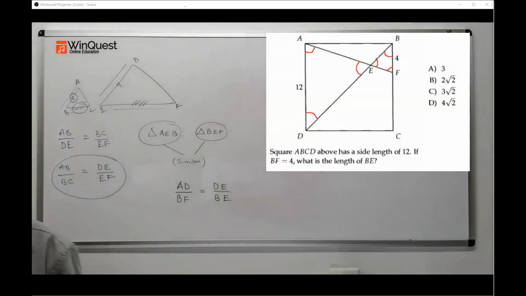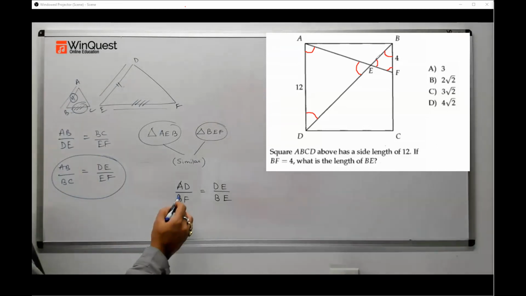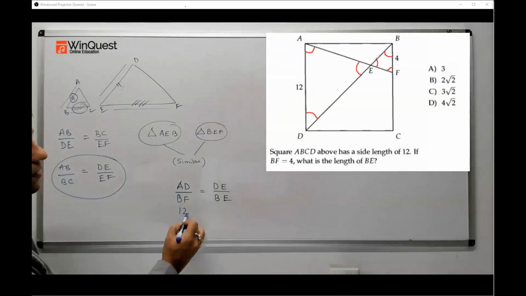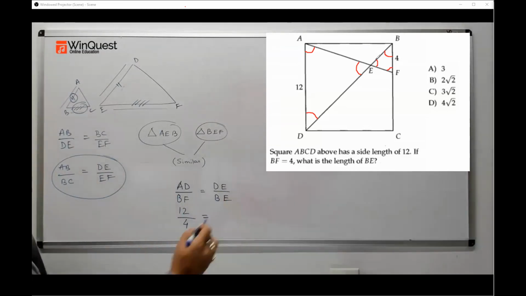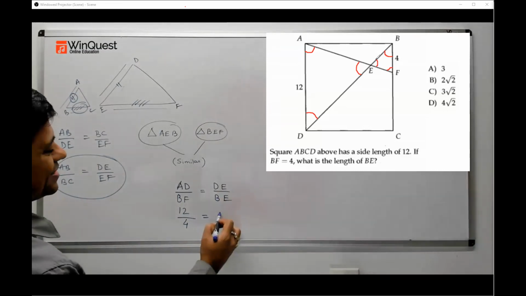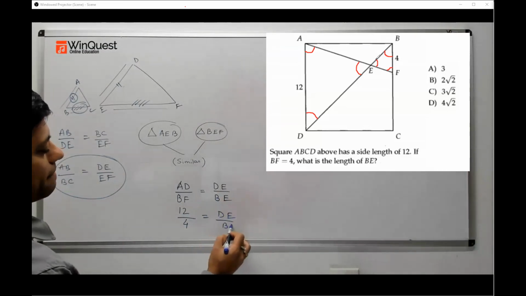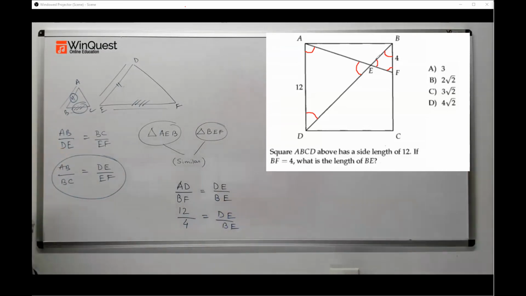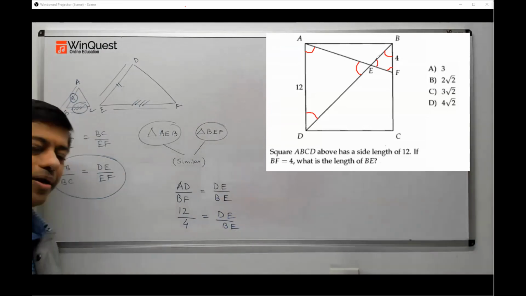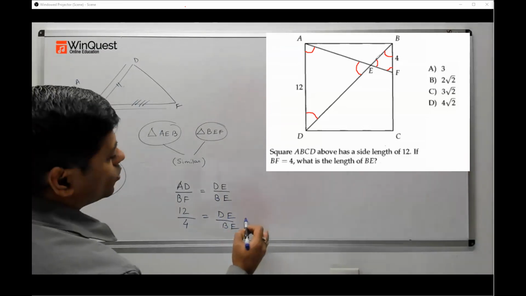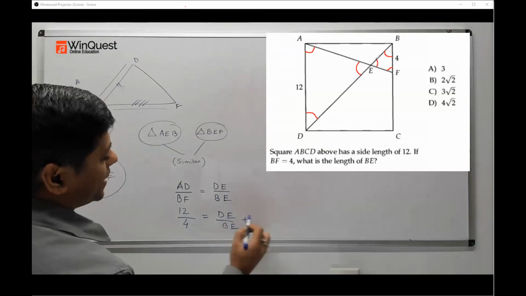Yes. Okay. So in this case, AD is 12, BF is 4, equals to DE. I don't know what is DE. I am going to put DE by BE. Okay, but what I'm going to do here is I am going to add a +1 both sides.